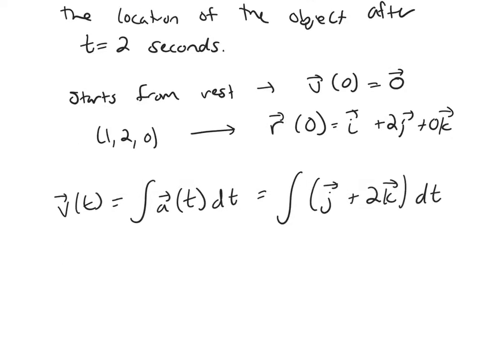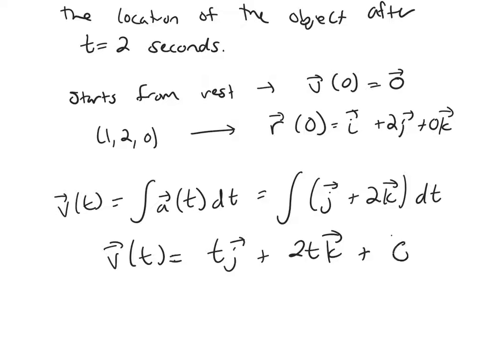If I integrate, to get velocity, integrate 1, you get tj plus 2tk. But remember, this is an indefinite integral, plus some vector c. And I'm going to find c now.